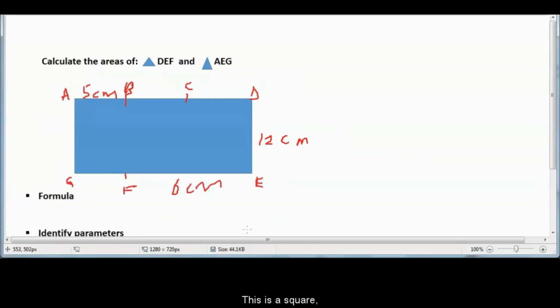This is a square, not a triangle, yet we are asked to calculate the area of triangle DEF. This looks like a rectangle, I beg your pardon.